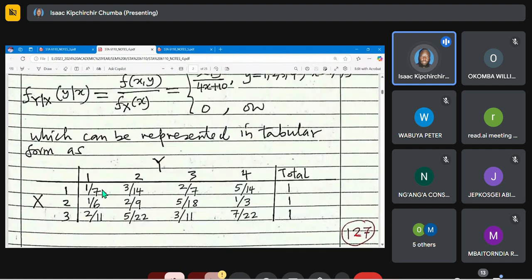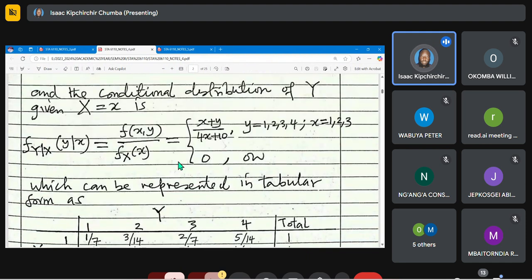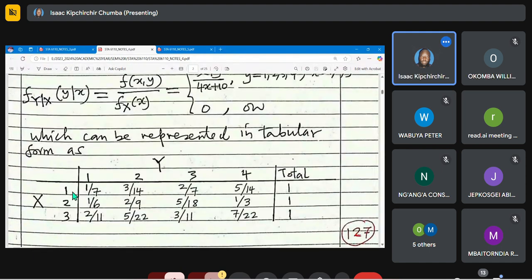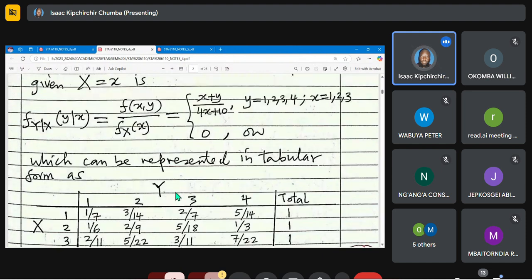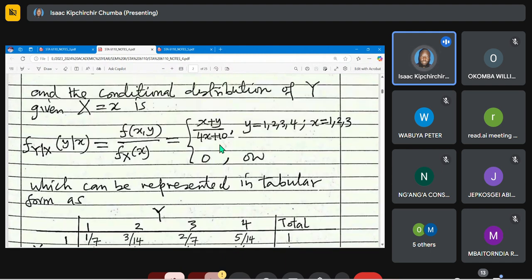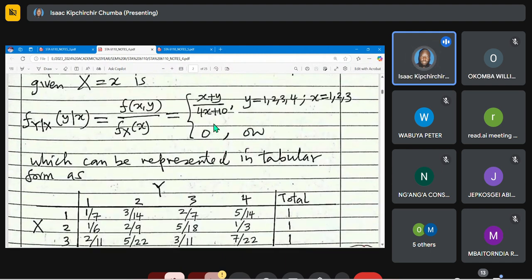If we write these probabilities in tabular form, and you substitute x equals 1, y equals 1, you get this probability. Similarly, x equals 1, y equals 2, you get it like that. So in the first row, you are getting the probabilities when the random variable x has assumed the value 1.